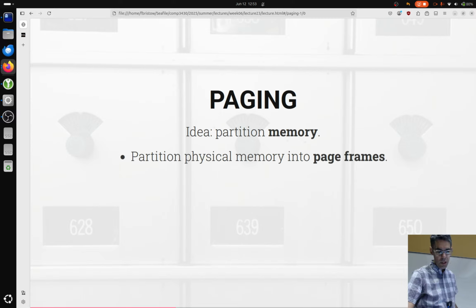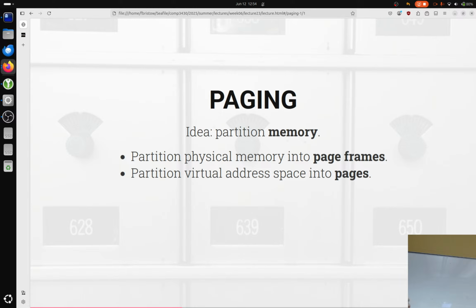I'm going to partition my physical memory into page frames. So physical memory here is, I've got 32 gigabytes of RAM on my laptop, and I'm going to partition that 32 gigabytes of space into page frames. Frames here are like, I'm going to stick the pages into the frames. These are going to actually go into the physical location in main memory. And I'm going to partition my virtual address space into pages.